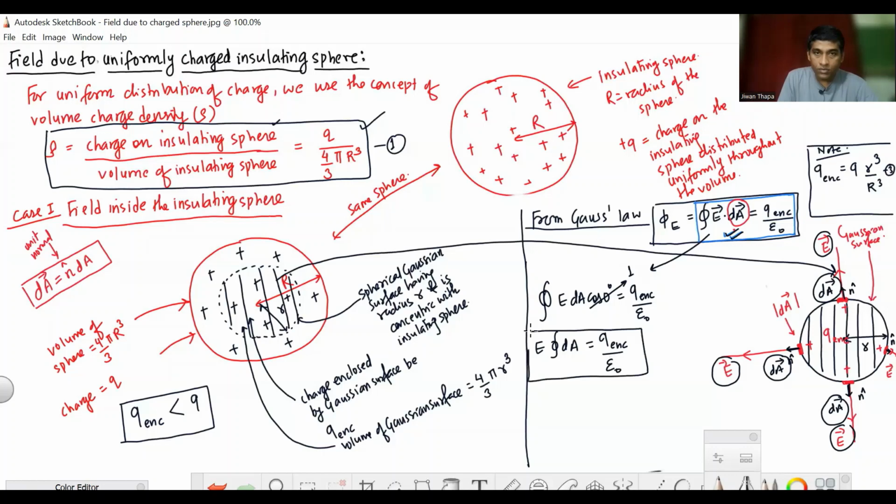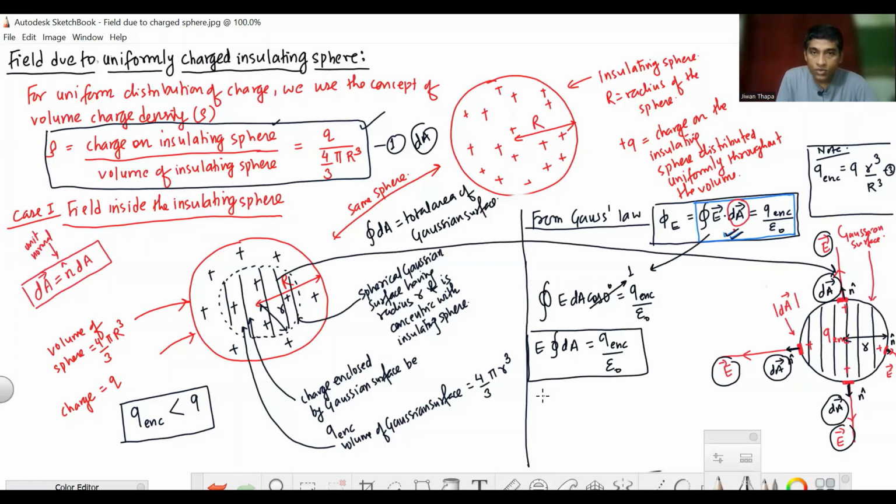Now this gives the total area of Gaussian surface, because dA is the elementary area on the Gaussian surface.